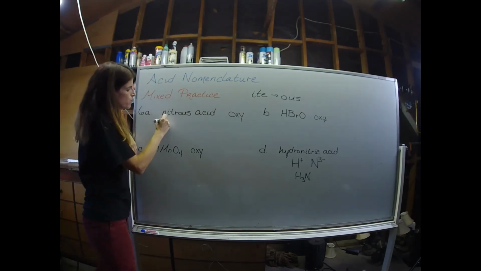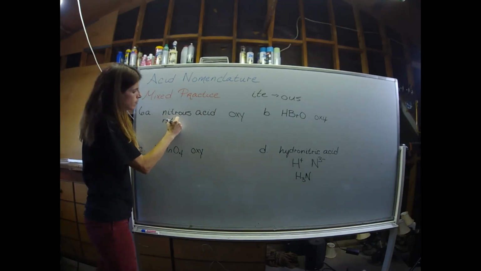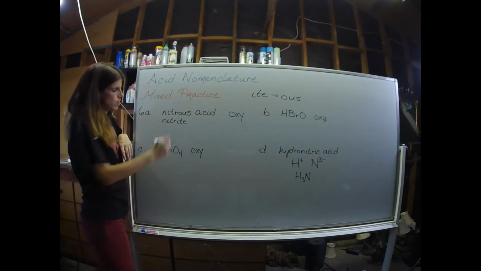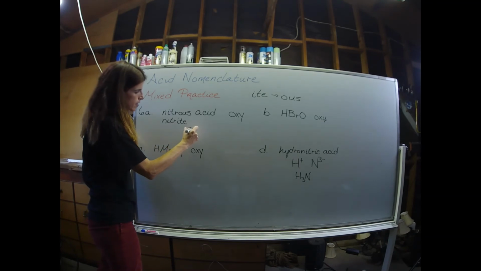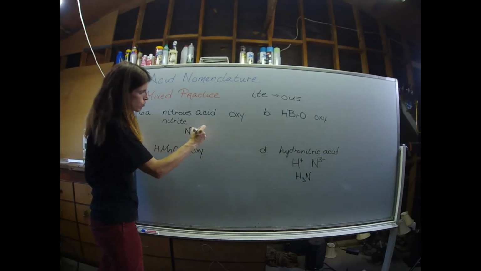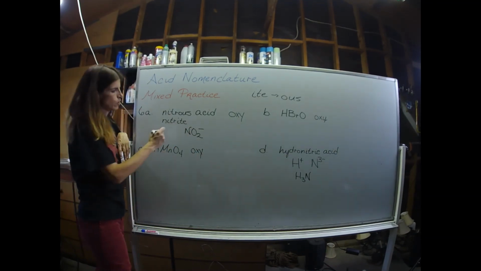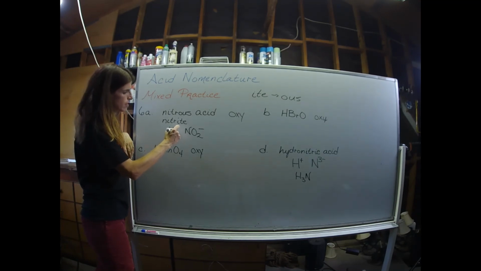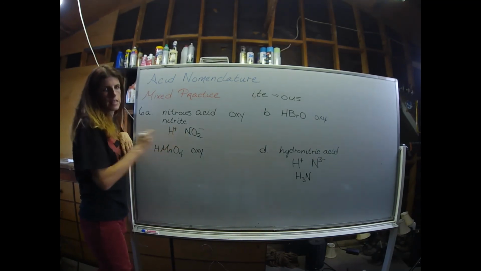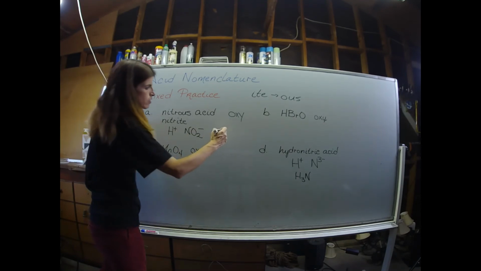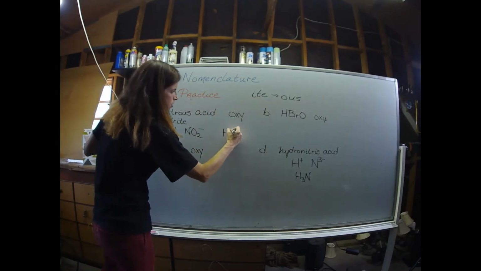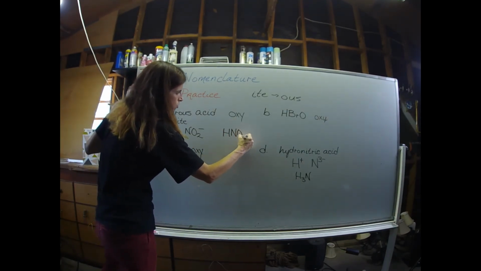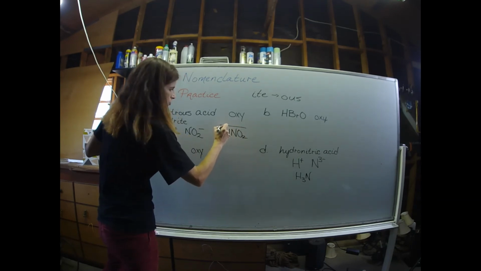So I'll do nitrite, that's what I'm thinking in my head, and nitrite is NO2 minus. So I'm going to crisscross, because it's an acid, I have H plus, I'm going to crisscross H plus and NO2 minus. That gives me a formula of HNO2 for the nitrous acid.